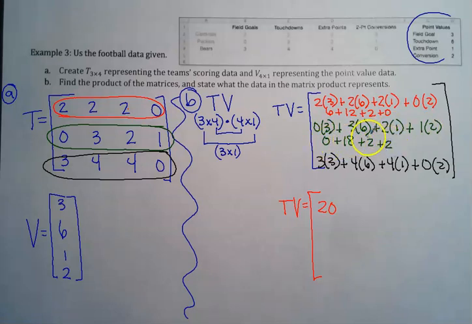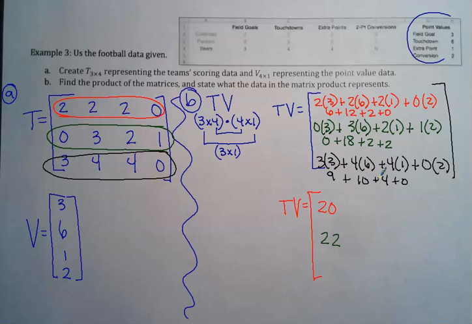So 0 plus 18 is 18, plus 2 is 20, plus 2 is 22. And our third row. 3 times 3 is 9, plus 4 times 6 is 10, plus 4 times 1 is 4, plus 0 times 2 is 0.